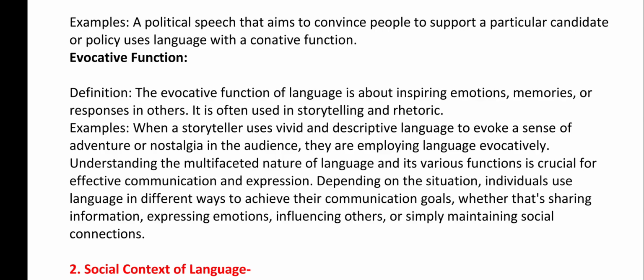So when a storyteller uses vivid and descriptive language to evoke a sense of adventure or nostalgia in the audience, they are employing language evocatively.